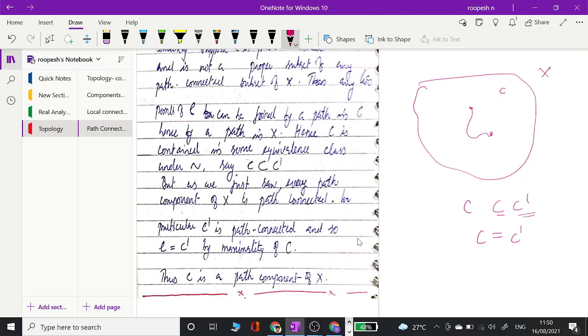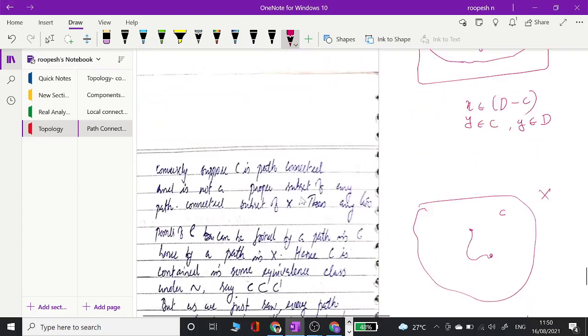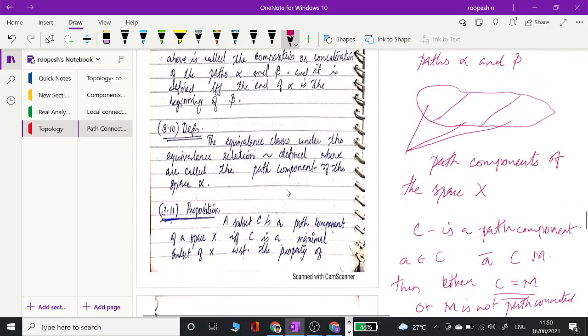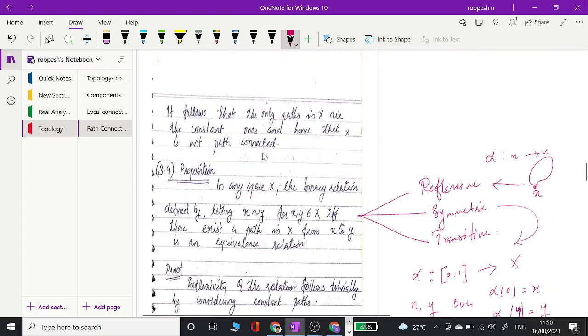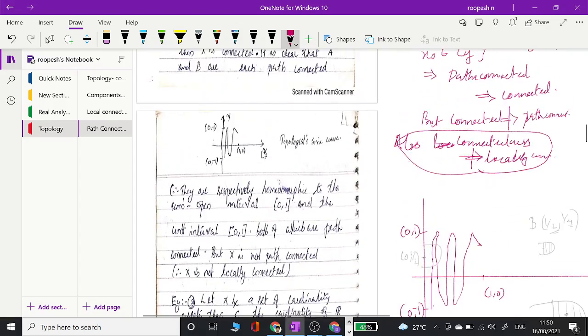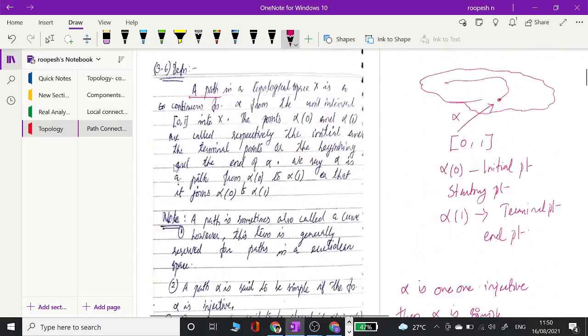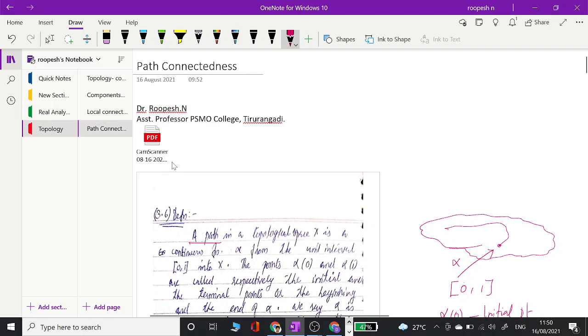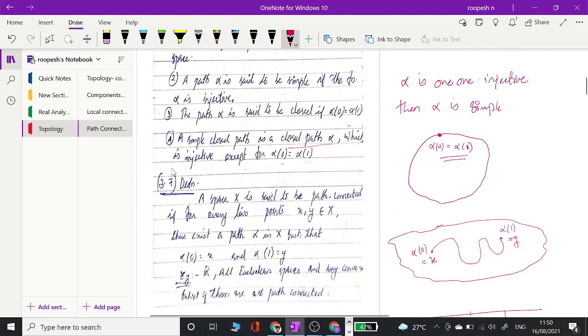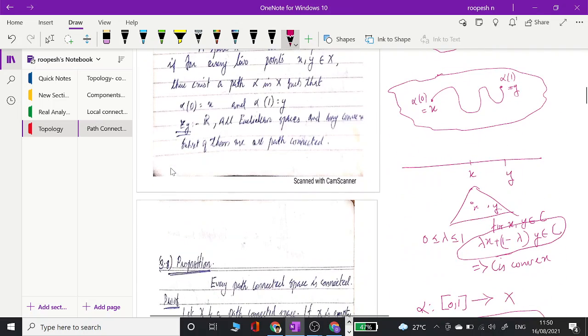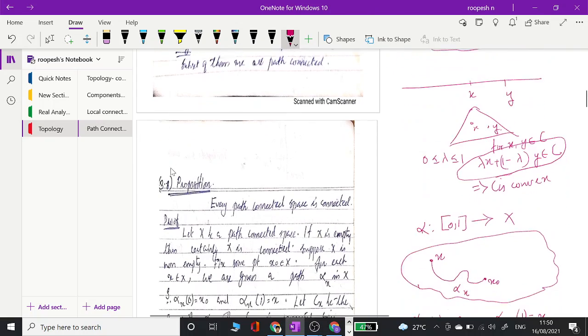Okay, so with this I am winding up today's session here. Today we have seen what is a path, what is a simple path, what is a closed path, then what we mean by a path connected space. Every path connected space is connected, and the converse is not true, that is, connectedness does not imply path connectedness.